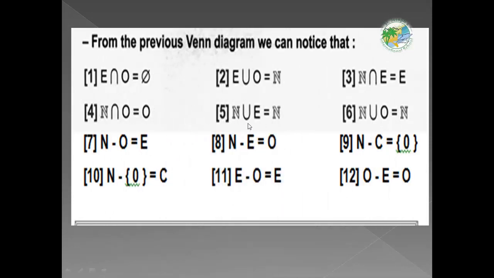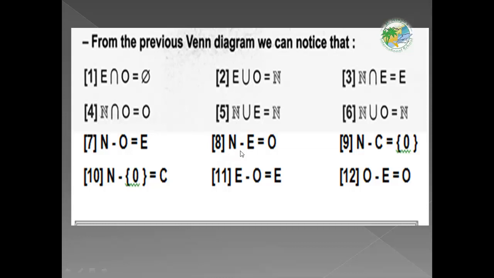Natural number union even number equals natural number. Natural number union odd number is natural number. Now natural number difference odd number: if we remove the odd numbers from the natural numbers, the remaining set equals even numbers.